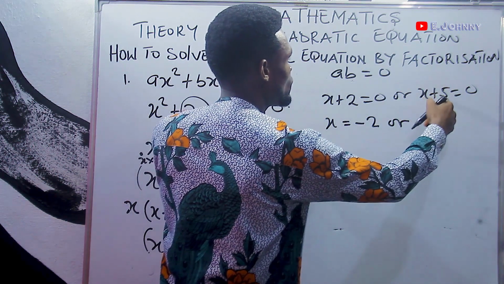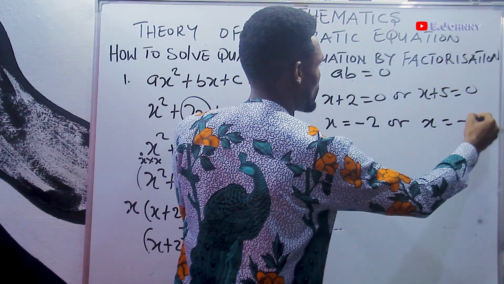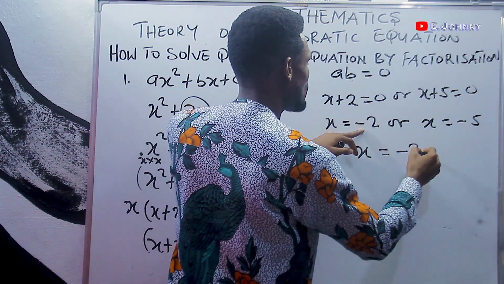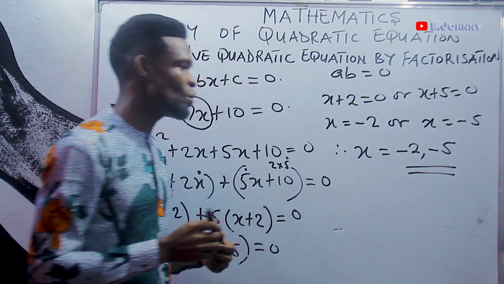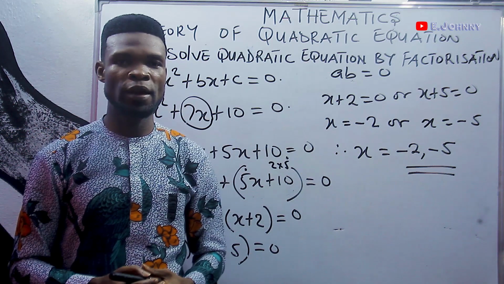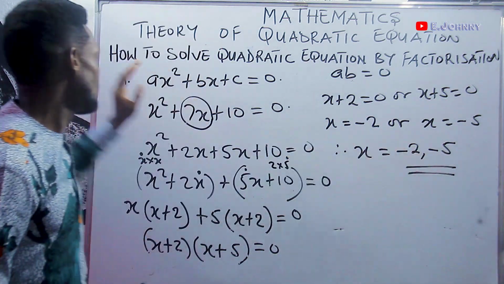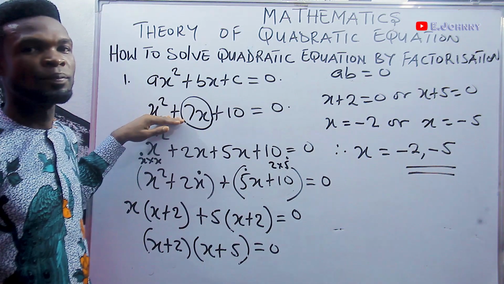Or plus 5 will cross to become, or x is equal to minus 5. So therefore x is equal to minus 2, comma, minus 5. So minus 2 and minus 5 is what we now call the roots of this quadratic equation.